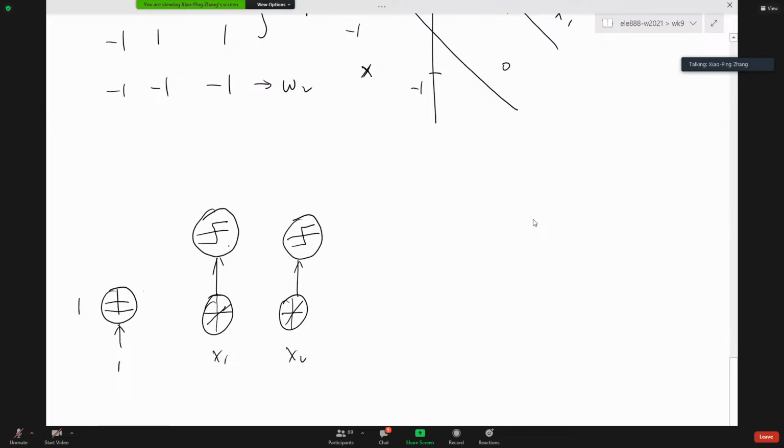So we have two LDFs. This is the first LDF, and then this is the second LDF.